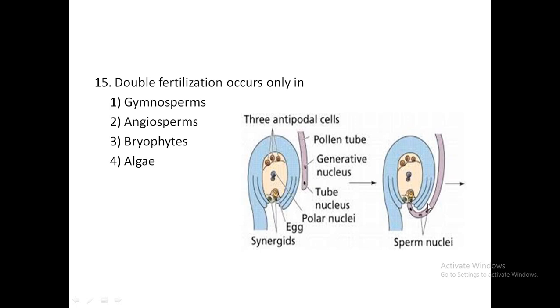So double fertilization means two male gametes are produced. One male gamete fuses with the egg, the other fuses with the central nuclei. So here you can see two different fertilizations. That is why it is called double fertilization.